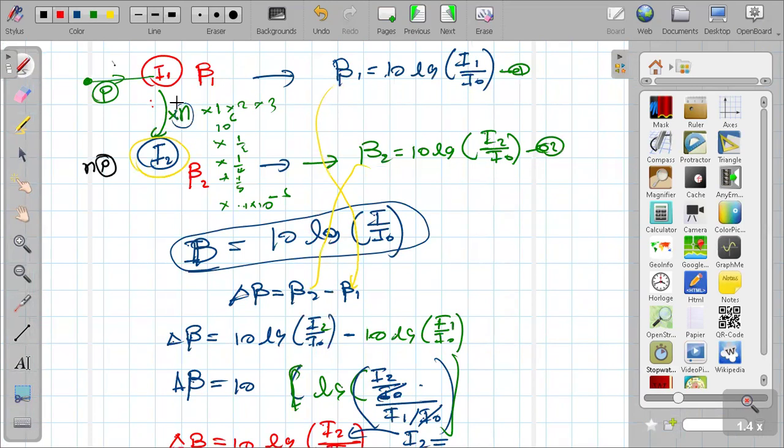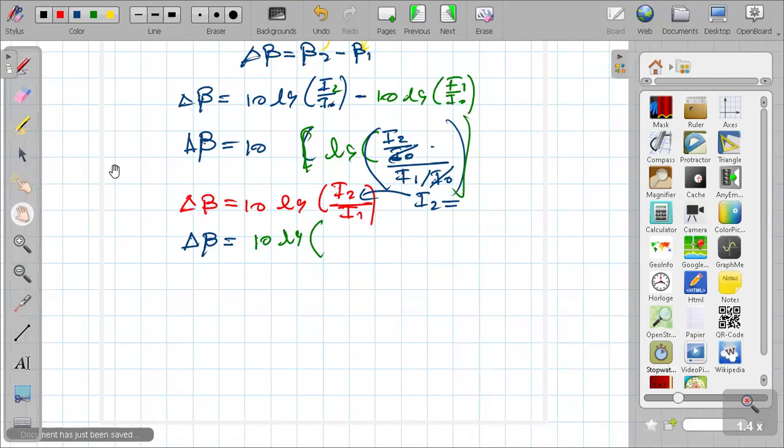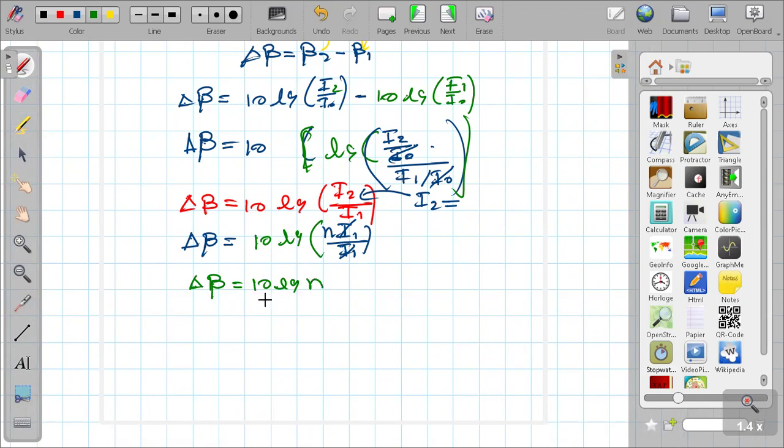Product of n times I1. In this equation, you can apply to solve any of the above calculations.